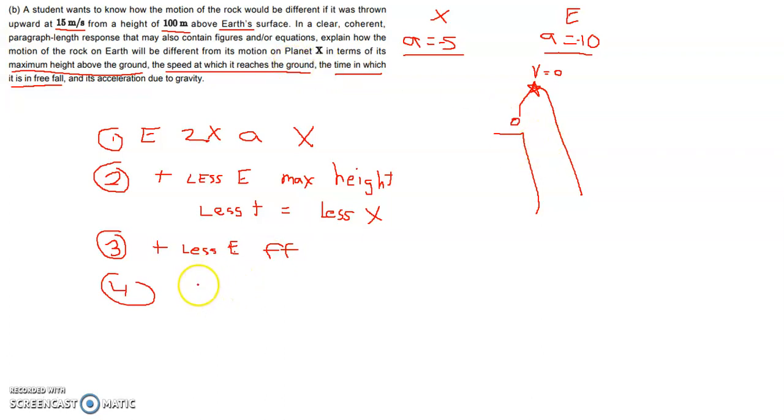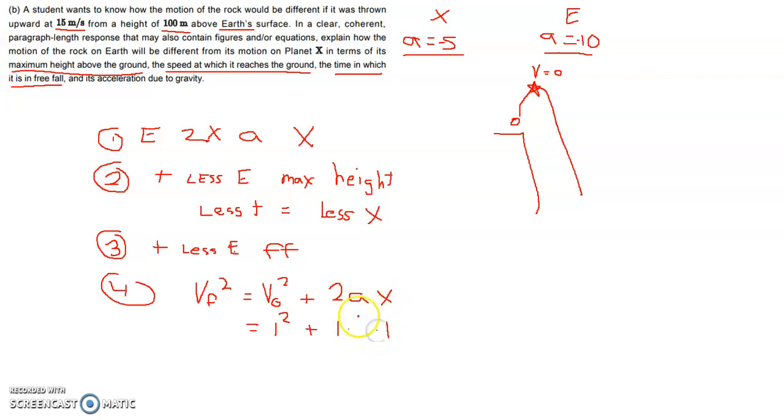So let's look at an equation. Let's look at this one. The final velocity squared equals the initial velocity squared plus 2ax. Okay? So what this shows is that the initial velocity stays the same, right? So we'll plug in a 1 there, right? This 2 is going to stay the same, so we'll put a 1 in there. This displacement is going to stay the same, so put a 1 in there.